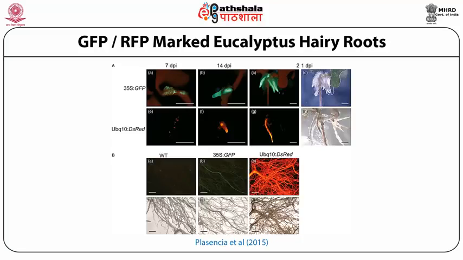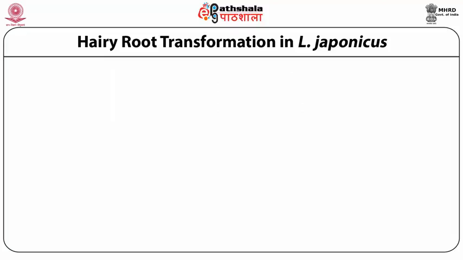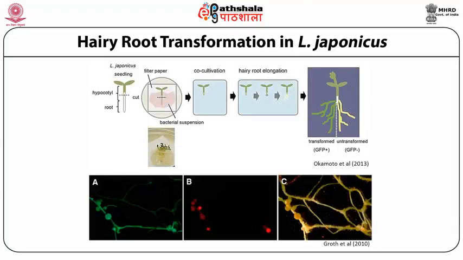This slide shows hairy root formation in eucalyptus seedlings. This shows the hairy root transformation in Lotus japonicus, where a seedling is cut at the hypocotyl region, dipped into an Agrobacterium rhizogenes culture containing both the Ri plasmid and a binary vector, and incubated.